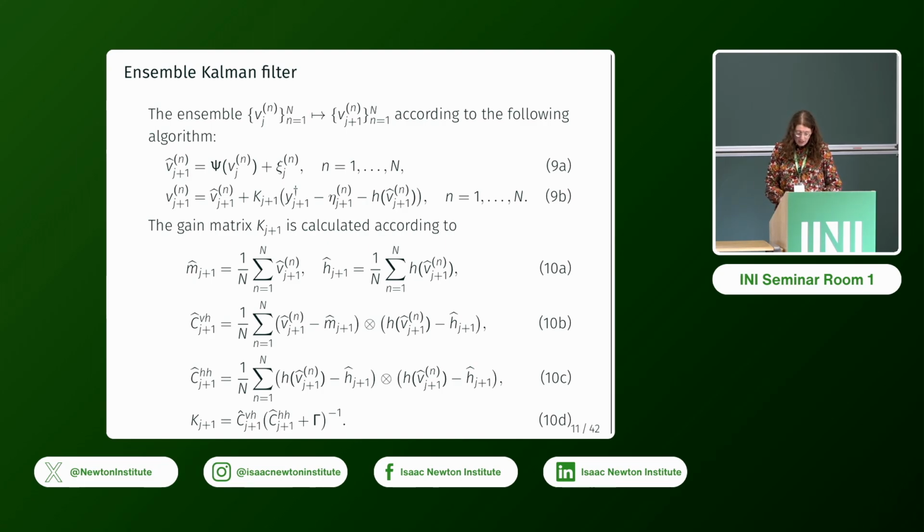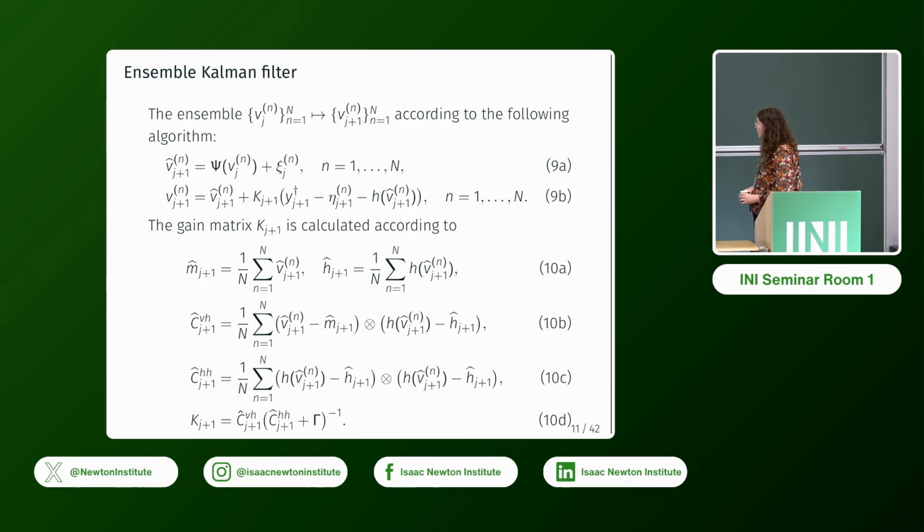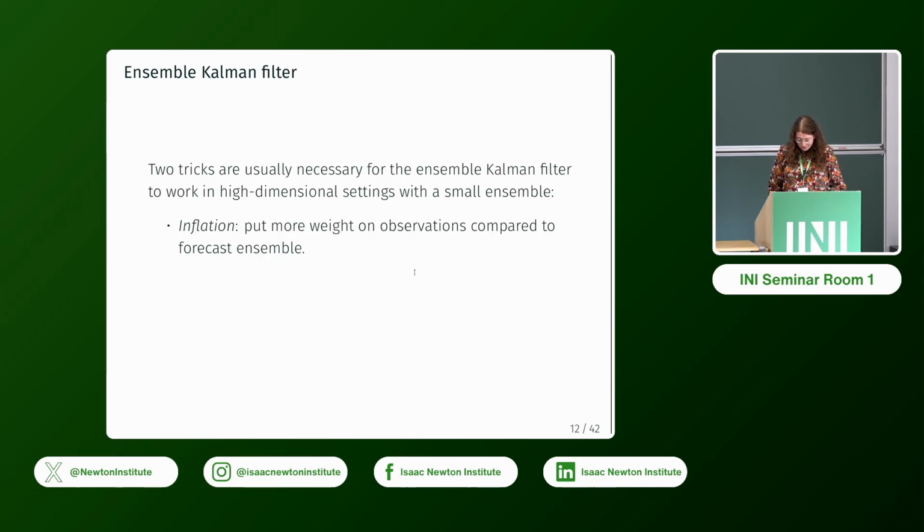Then you estimate this Kalman gain, but this gain is now approximated using the empirical covariances from the ensemble. So it's a kind of Monte Carlo method. And notice that we can use the nonlinear model in the forecast and the nonlinear observation operator as well. So this is very powerful, and it's become very common in numerical weather prediction.